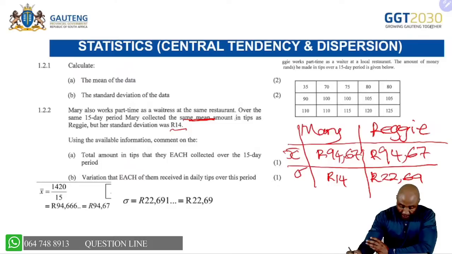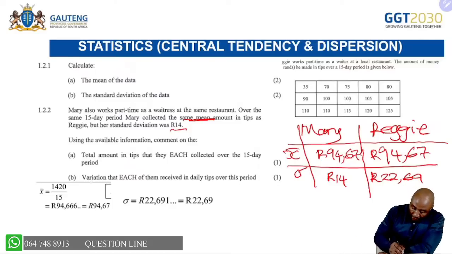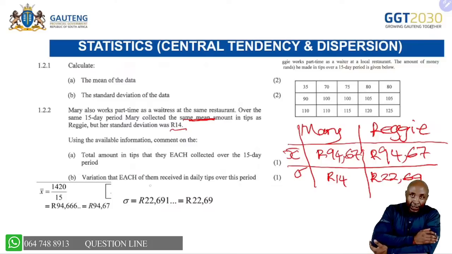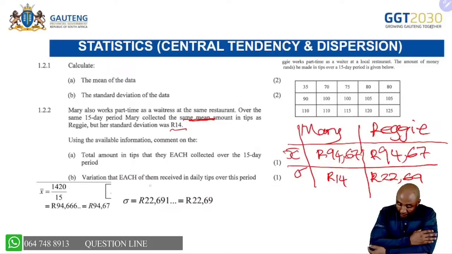B, you are supposed to comment on the variation that each of them received in daily tips over this period. We are not commenting about variance. We are looking at the variation. If you look at Reggie's tips, they range from 35 Rand to 125 Rands.